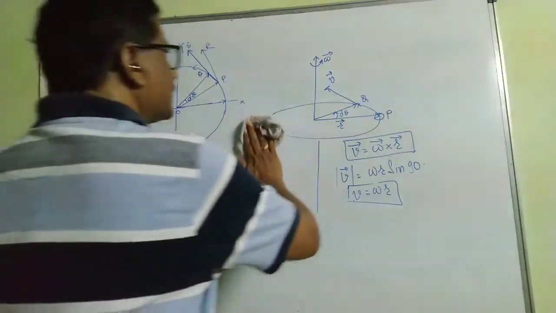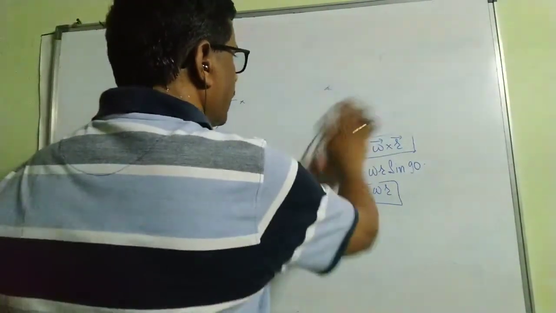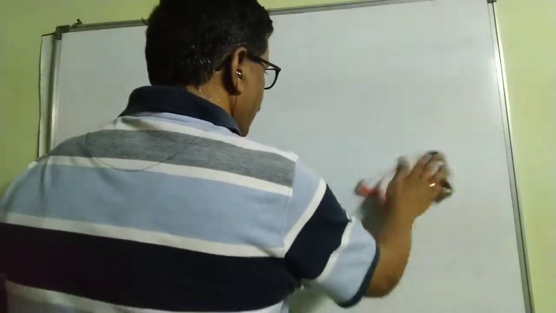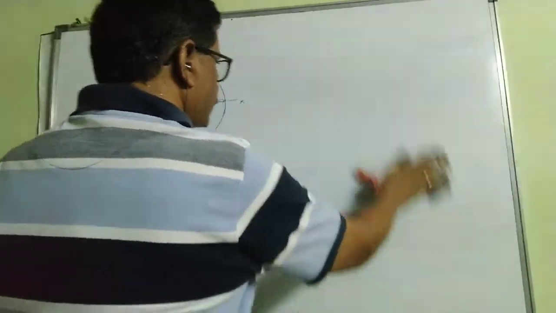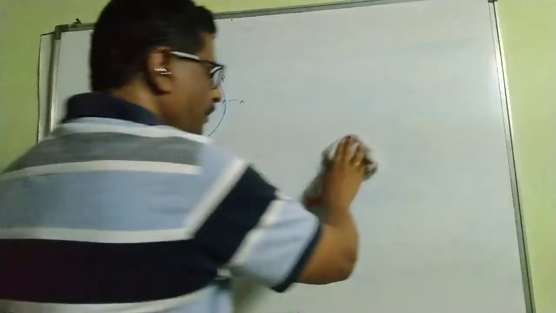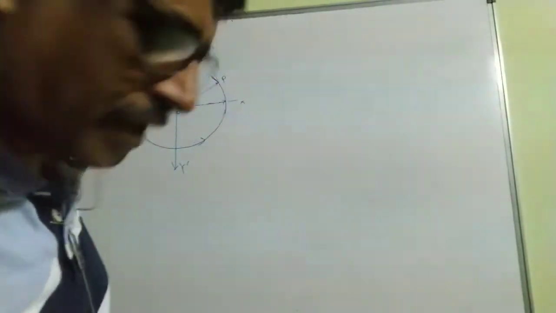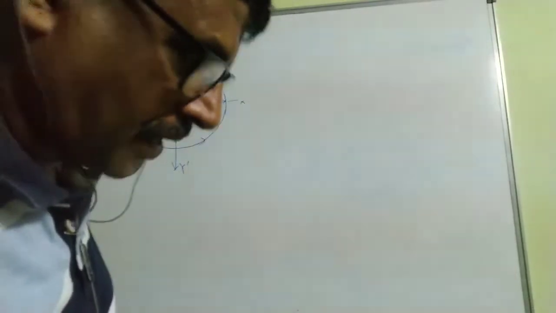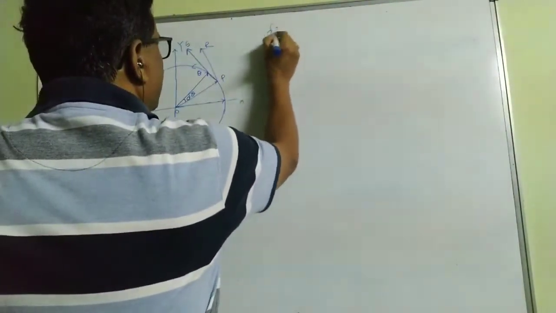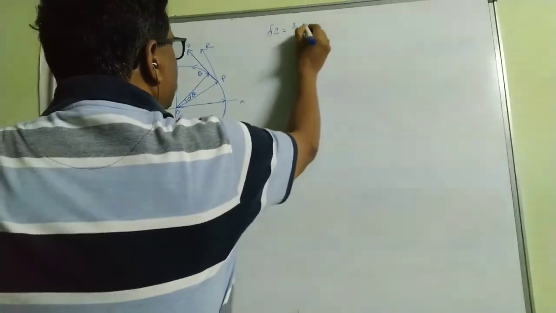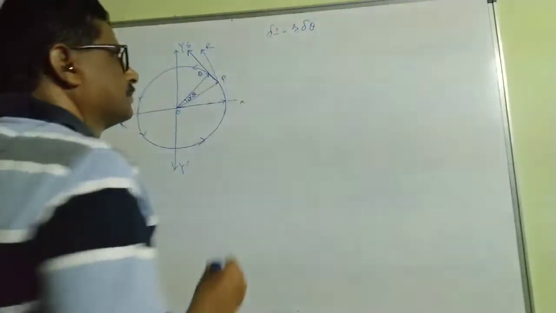It is interesting to know that when a particle in circular motion changes its position from one place to another, it has angular displacement as well as linear displacement given by delta S is equal to r del theta.